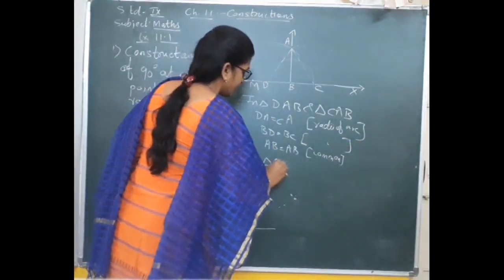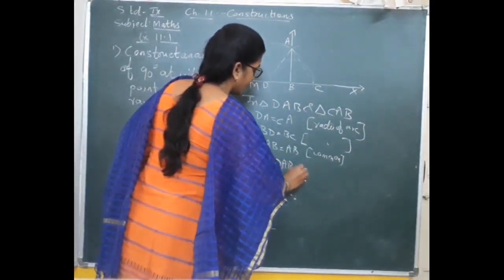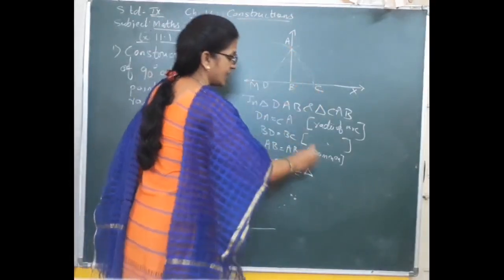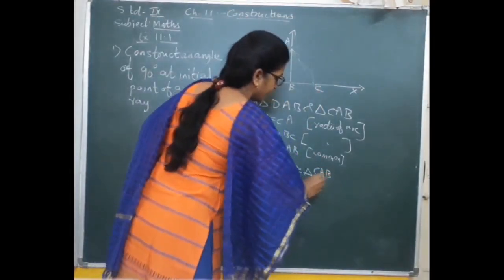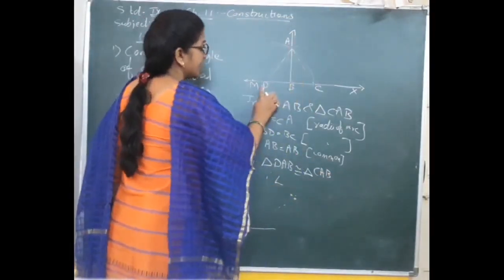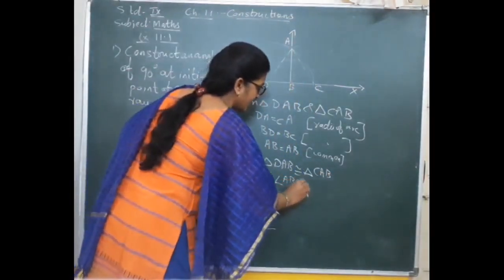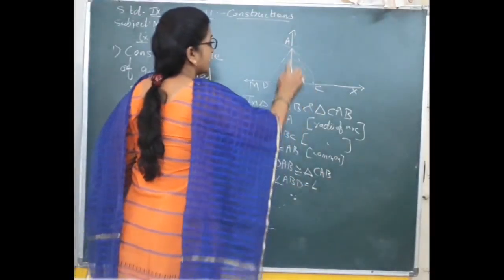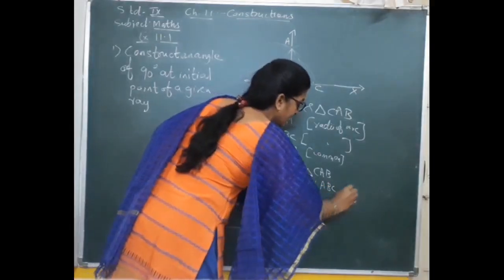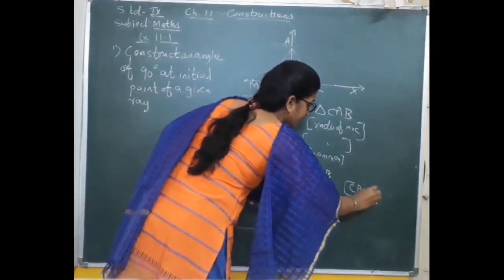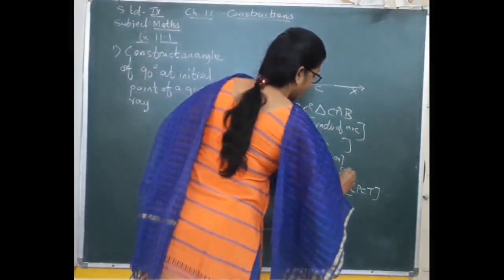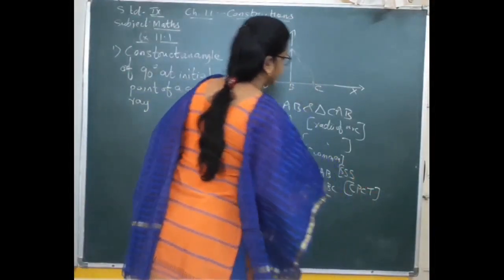Therefore, triangle DAB is congruent to triangle CAB. Therefore, angle ABD is equal to angle ABC by CPCT. And what is the reason for this? SSS criteria.